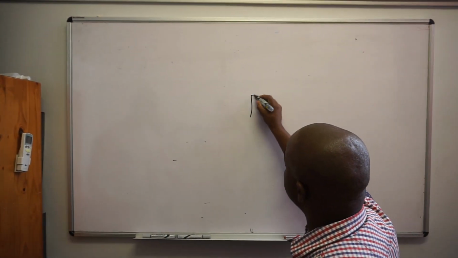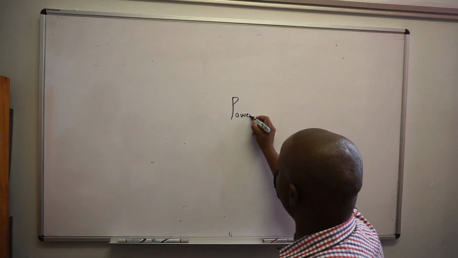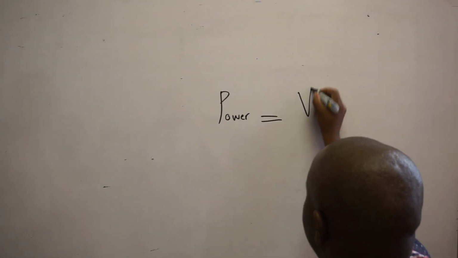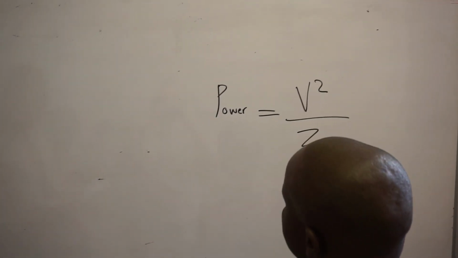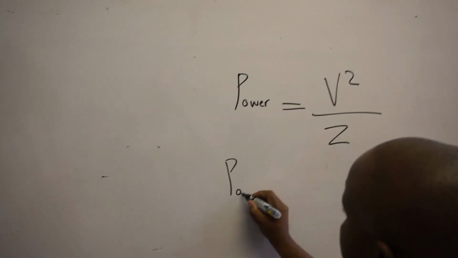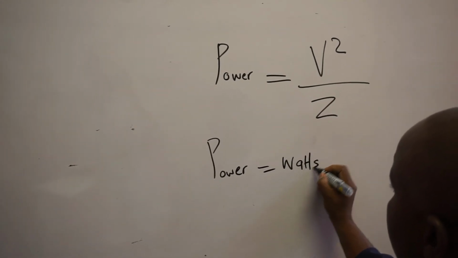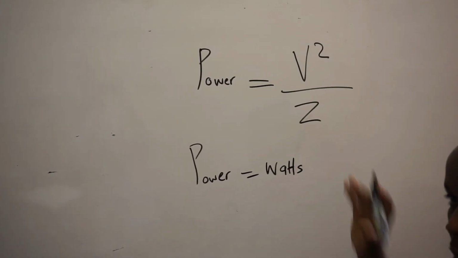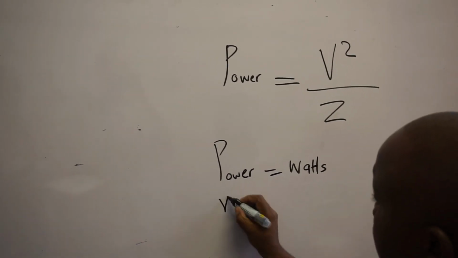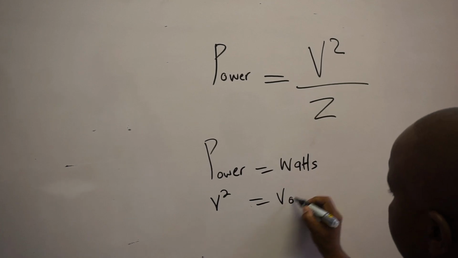The formula behind its impedance meter readings is always power is equal to V squared over Z, where power is in watts, which is what the speaker line will draw from the amplifier, and V is your voltage.